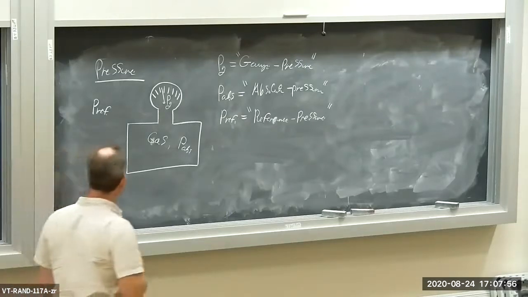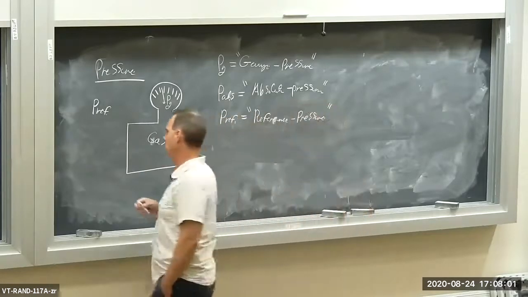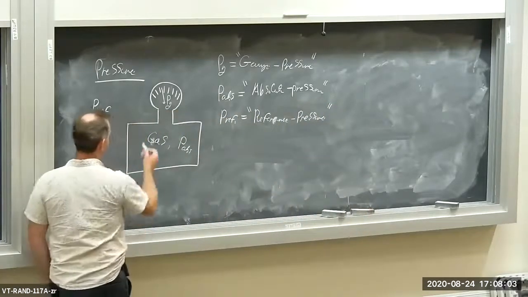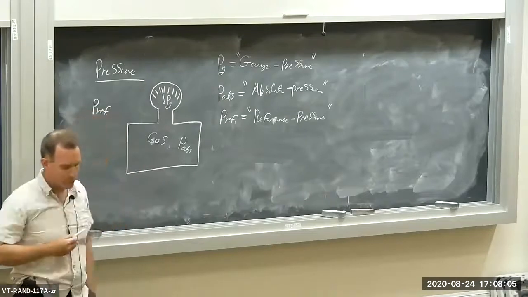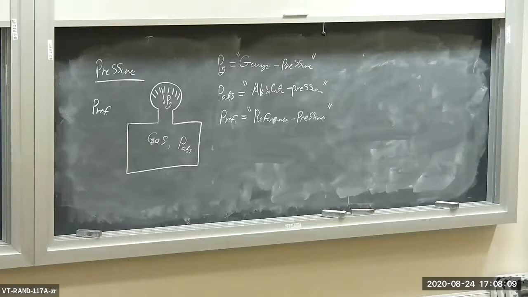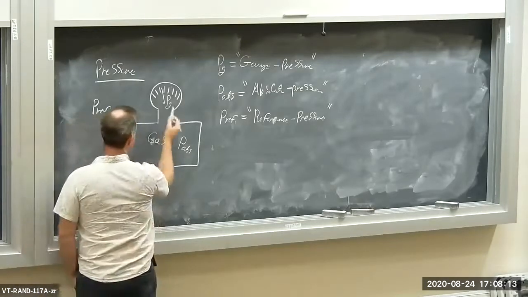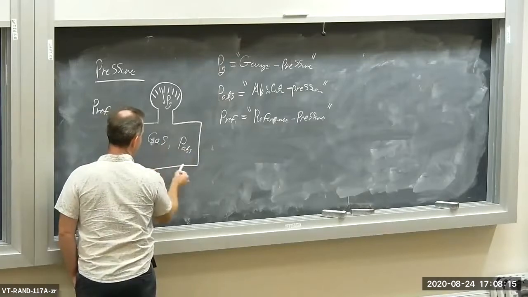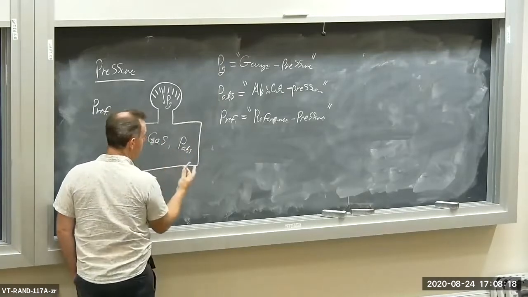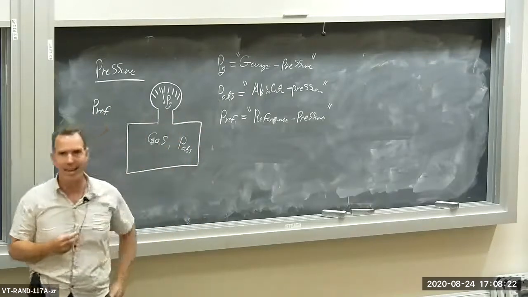Now, how are these all related? Well, the way an actual mechanical or any pressure gauge works is it measures a pressure difference. The pressure indicated on this gauge is the difference between the actual pressure inside of the tank, absolute pressure, and the reference pressure outside of the gauge.